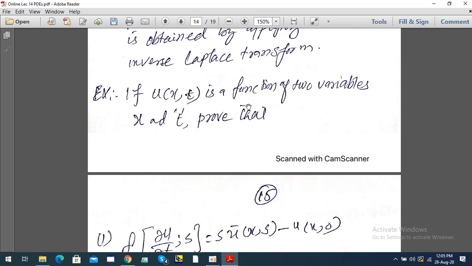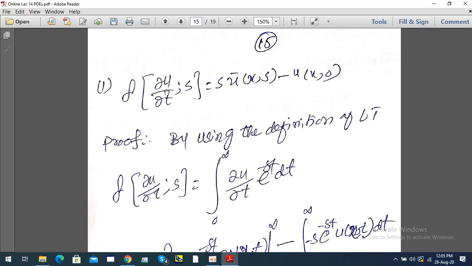If u of x, t is a function of two variables x and t, prove that the Laplace of partial u by partial t is equal to s u bar (x, s) minus u(x, 0), because u is a function of x, t.